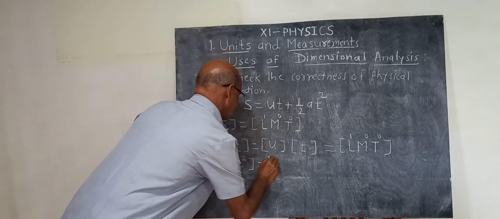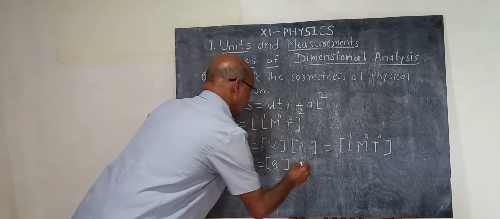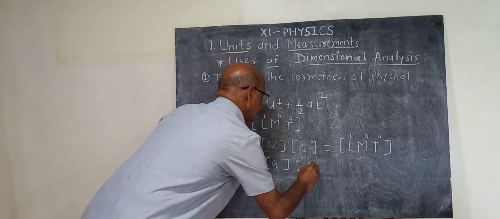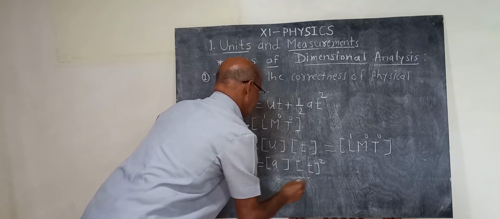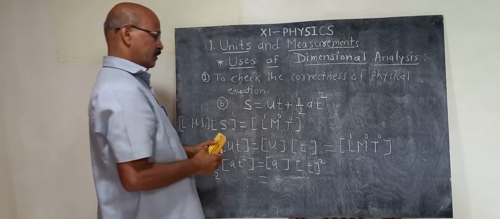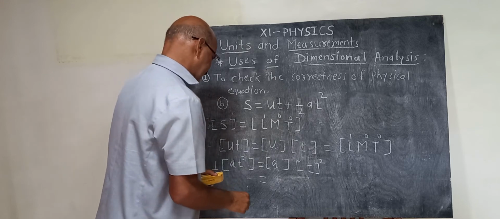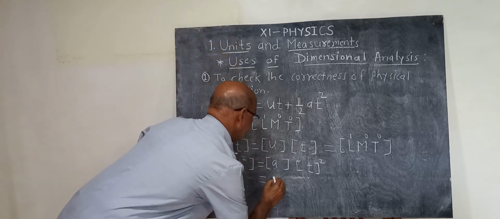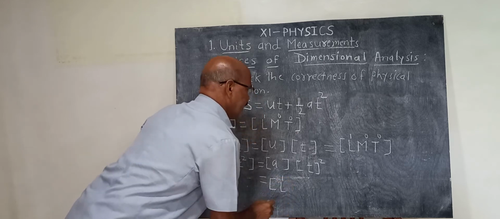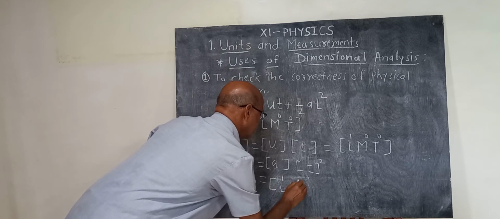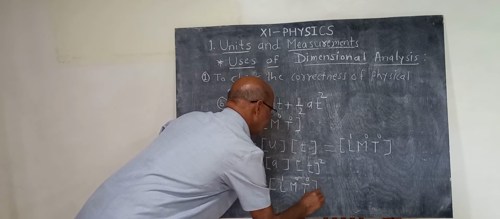This can be written like this: a means acceleration and t square means time squared. Then writing the dimensions of acceleration and dimensions of time, taking its square and simplifying, we get 1 in length, 0 in mass and 0 in time.